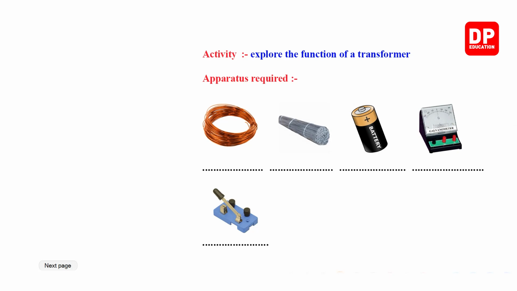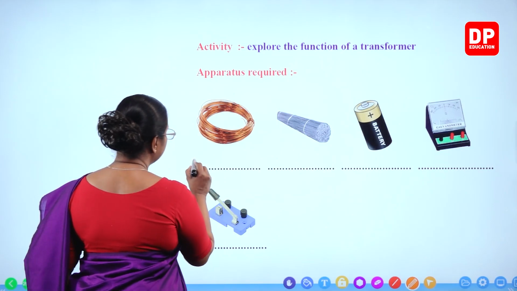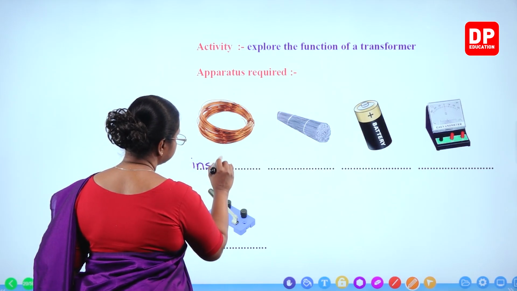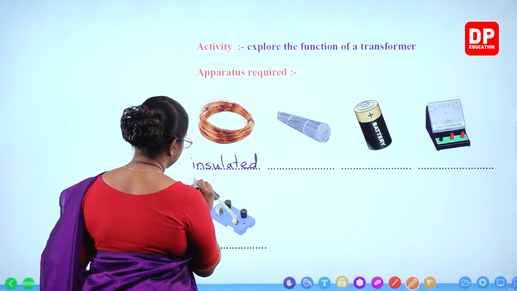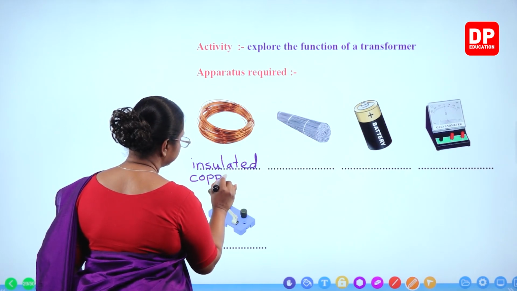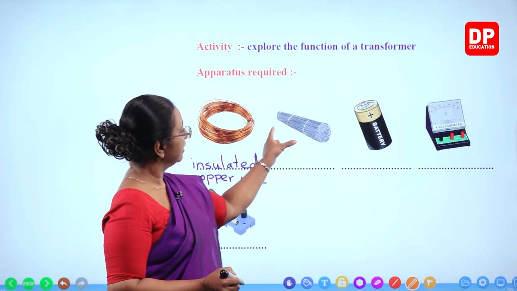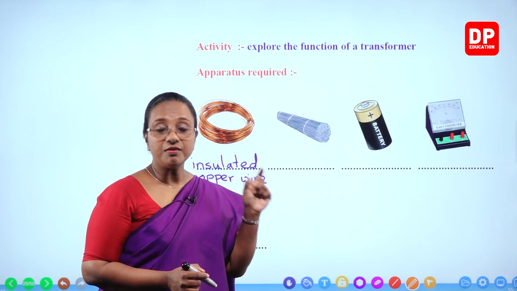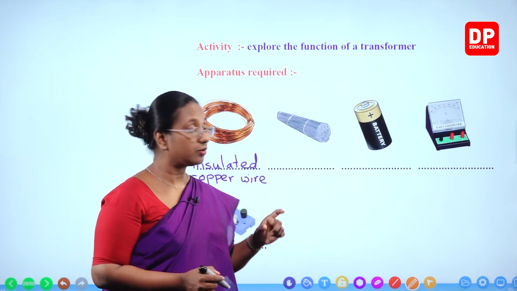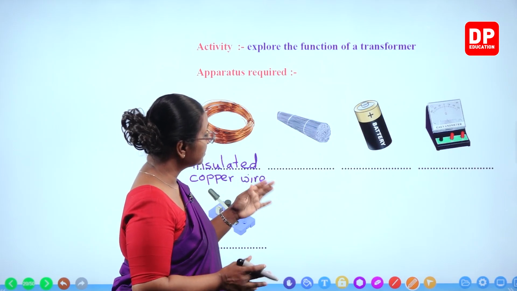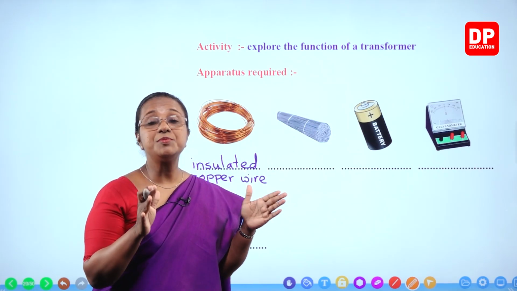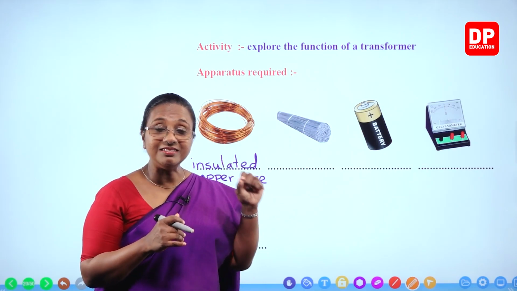So here, activity: explore the function of a transformer. For that, these are the apparatus that are required to us. So here we need an insulated copper wire. Then we need iron wires, that is soft iron wires. Instead of the soft iron core, we use the soft iron wires, but these are like small strips of wire or very thin rods.